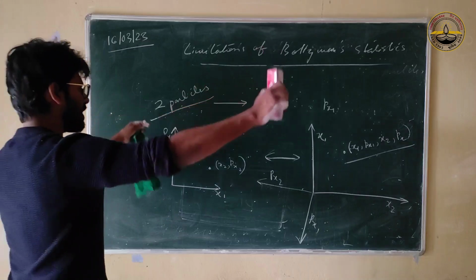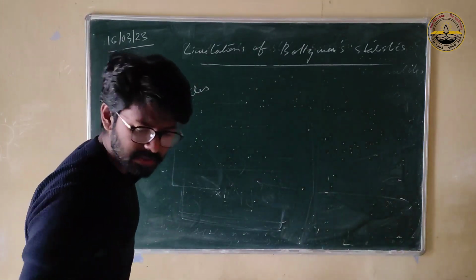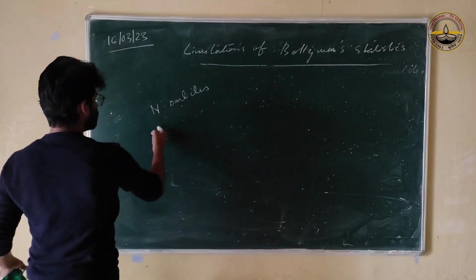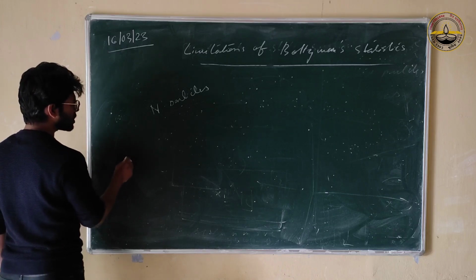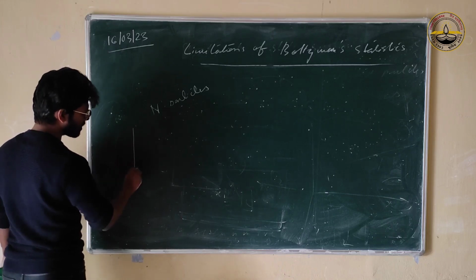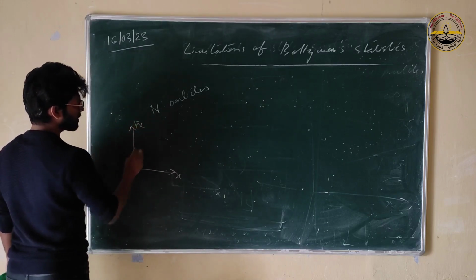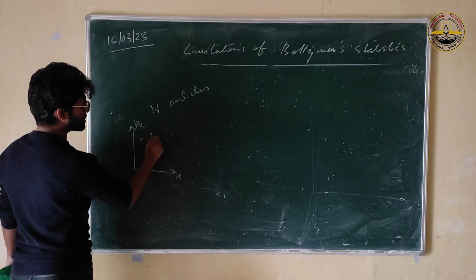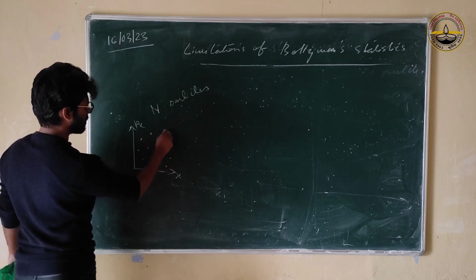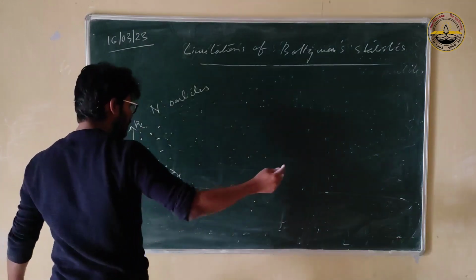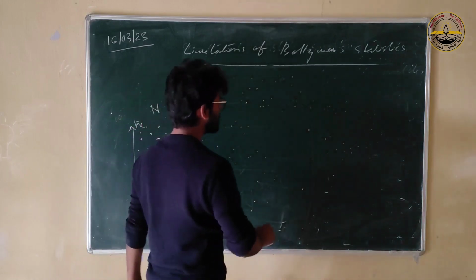If I extend that to the n-particle case, then you can either draw a space with x and px and draw n points there. This is called the mu space, a kind of phase space.